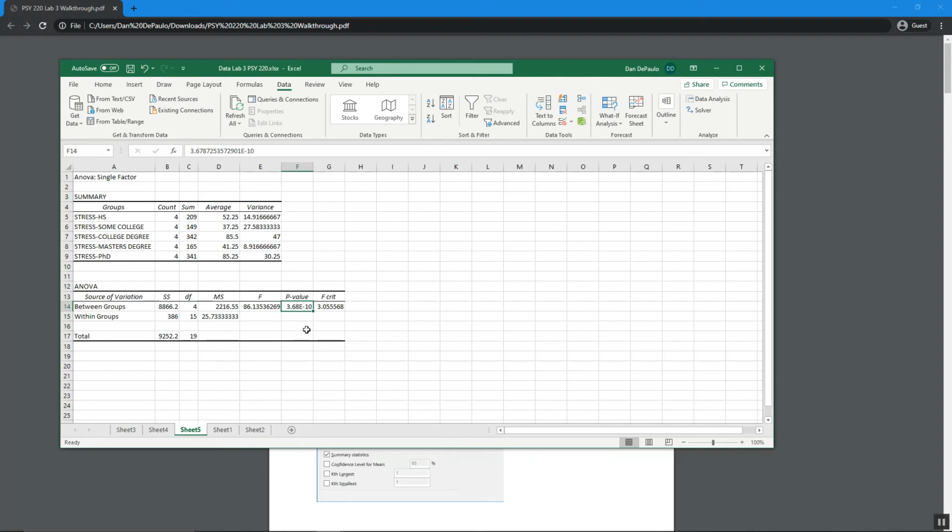So to go a little bit further, we can then follow up. Once I get a significant F value here, I want to follow this up with post hoc tests. And I had mentioned different post hoc tests in the lecture. You have the Bonferroni correction, you have the least significance difference test, you have something called the REGWQ.